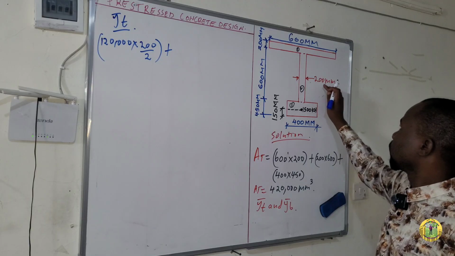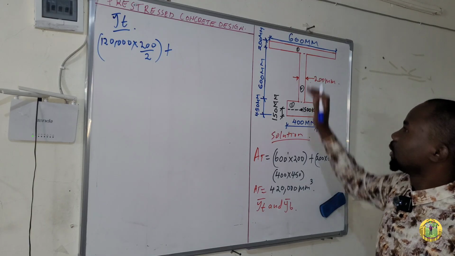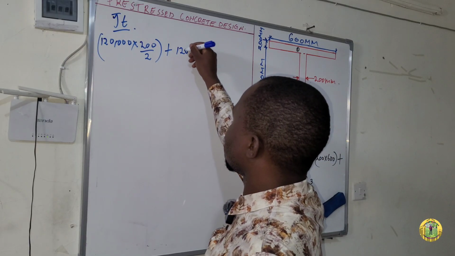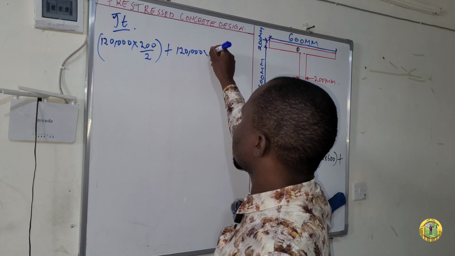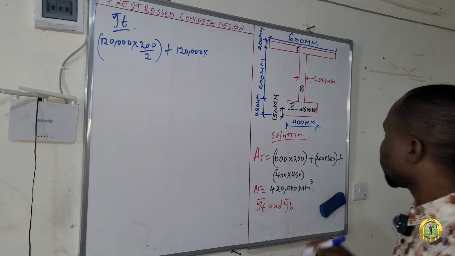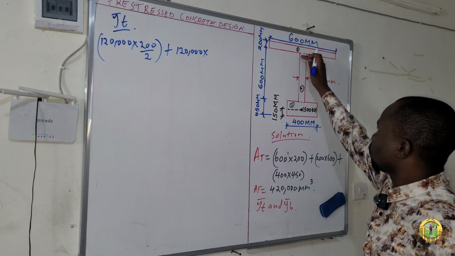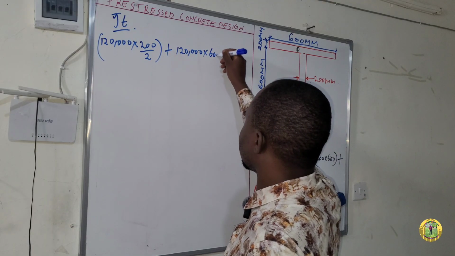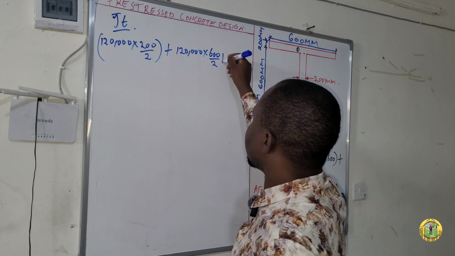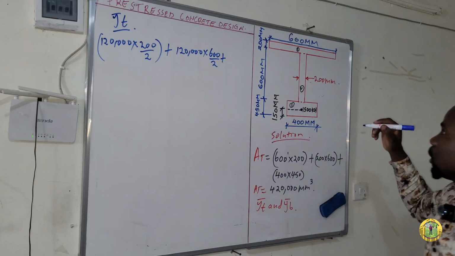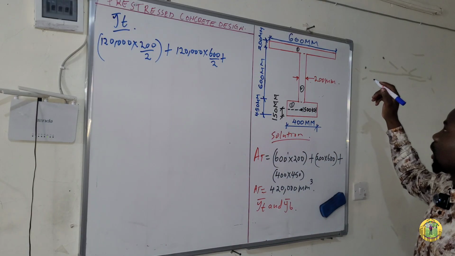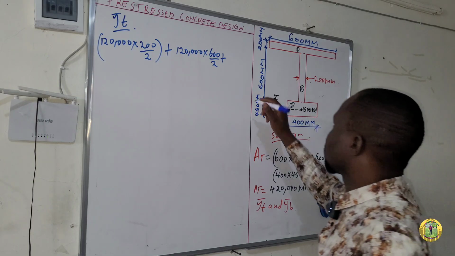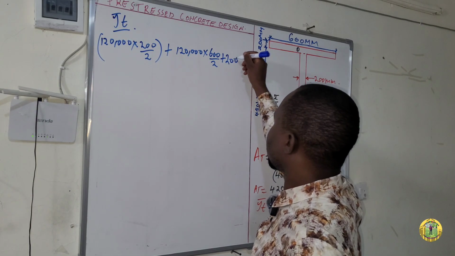The area will be 200 times 600 again, which gives 120,000, times half of this depth, which is 600 over 2. Remember, we have considered our calculation from the top, so you will add 200 plus 200.